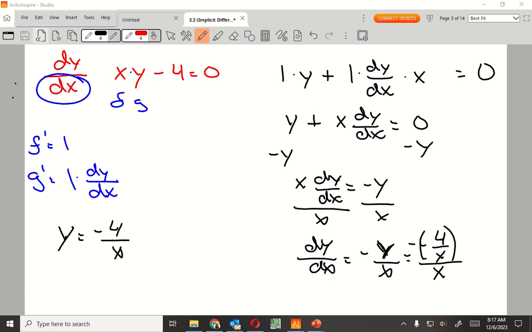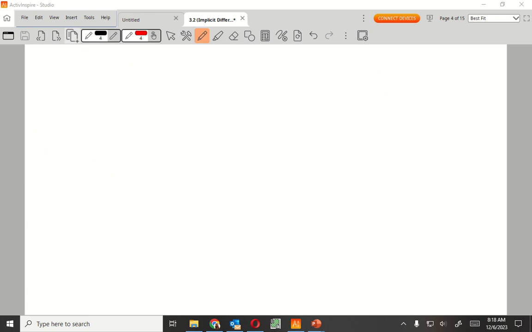Okay. Two negatives is going to do what? Positive. It's going to make that a positive, right? Okay, so it's now going to be positive 4 over x divided by x.